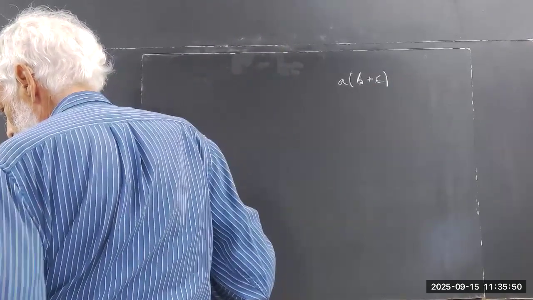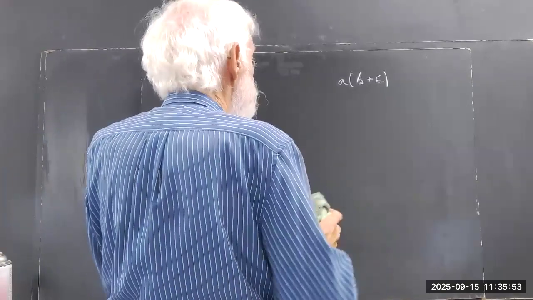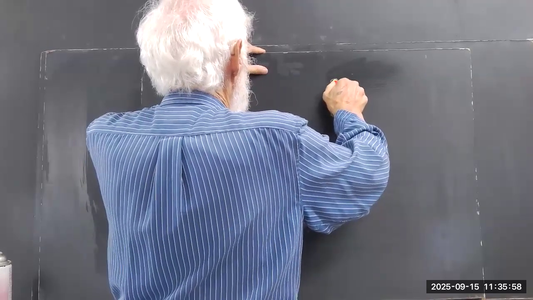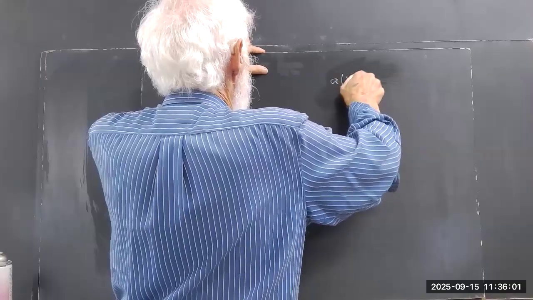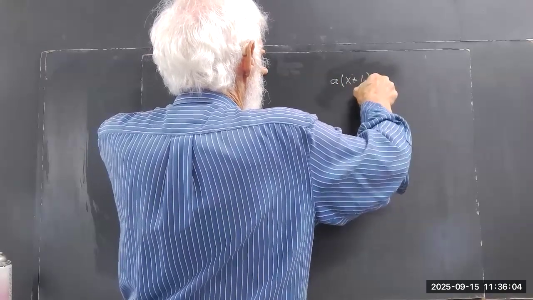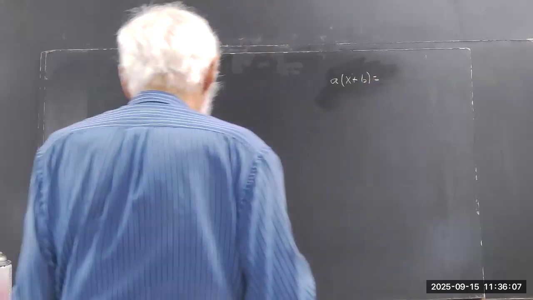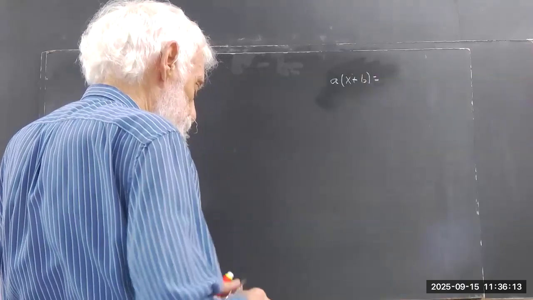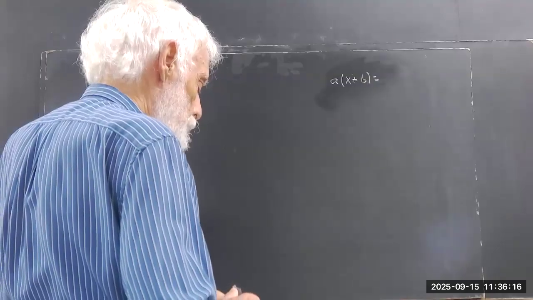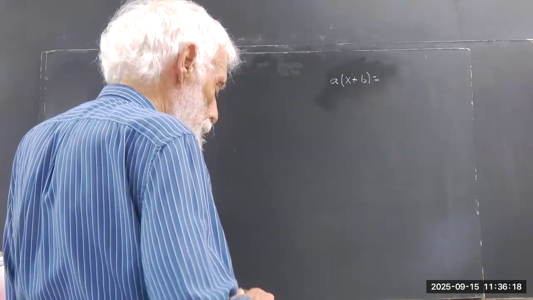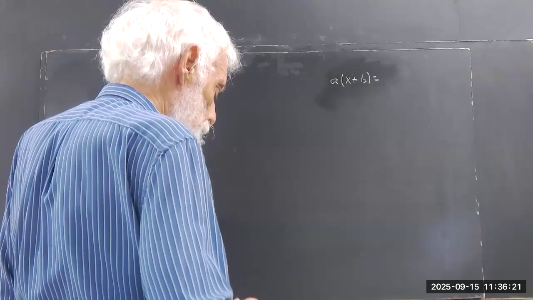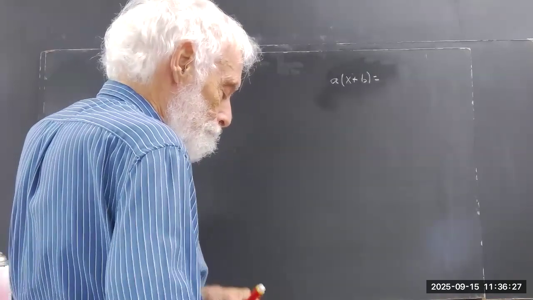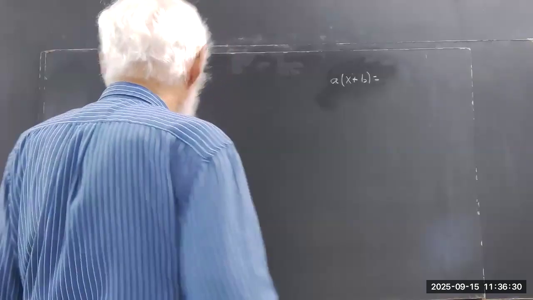A times quantity, whoops, it isn't B plus C, it's X plus B. Hang on a minute. This chalk is impossible. If there's a good chalk manufacturer out there and anybody knows who they are, don't keep the secret to yourself. Let me know. I don't know if it's going to be any better.